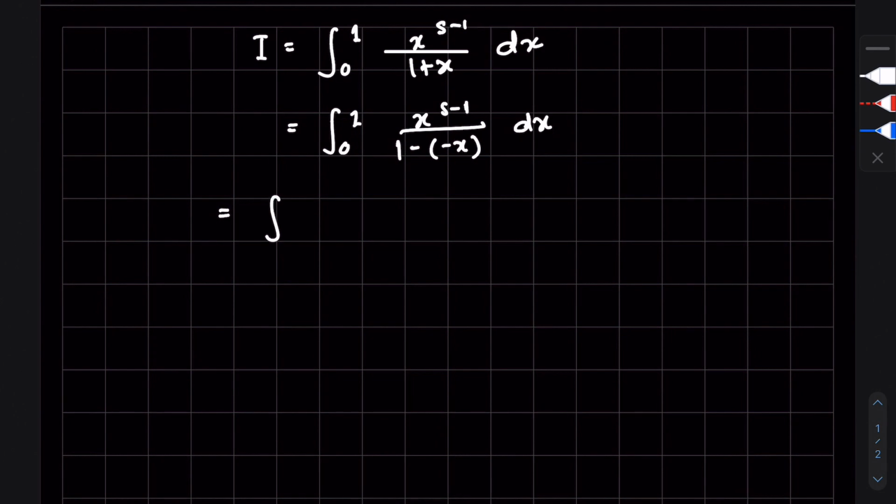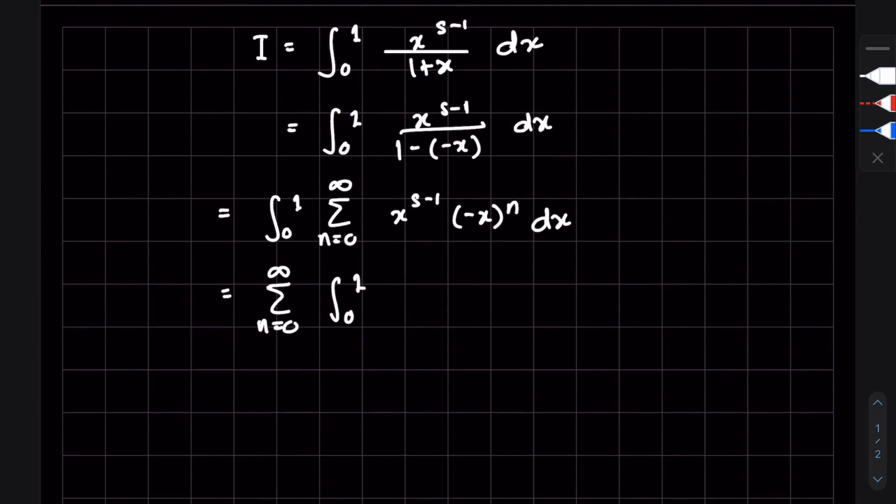So let's expand it in terms of an infinite series. So we have the sum from n equals 0 to infinity of the integral of this top term, as it is, times minus x to the n dx. We can interchange the infinite sum and the integral for uniform convergence reasons. So we have this, maybe minus 1 to the n can come outside like that.